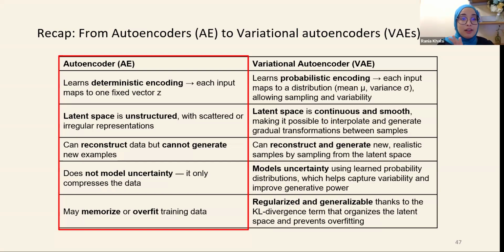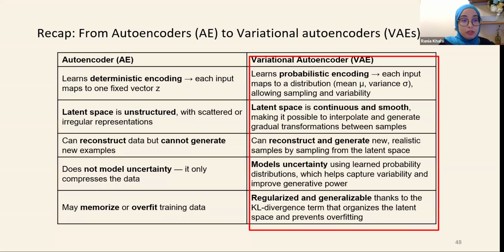All these limitations are solved with variational autoencoders. For each of them, you will find what variational autoencoders did. Instead of deterministic encoding, in VAEs we have probabilistic encoding, where each input maps to a distribution.